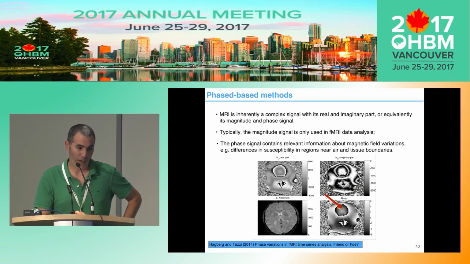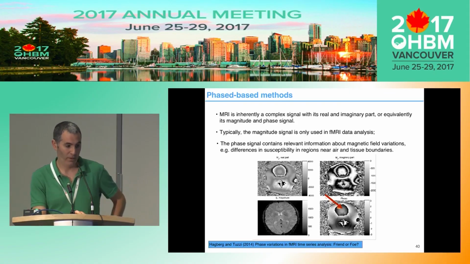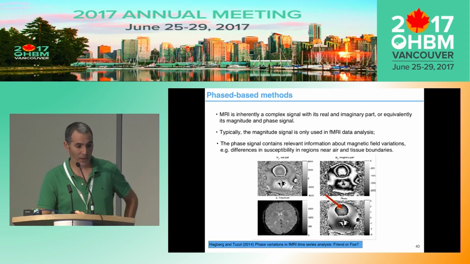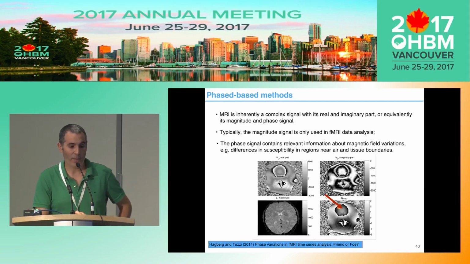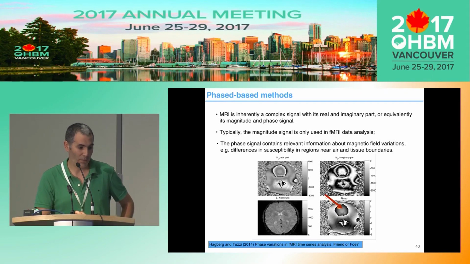Finally, the phase-based methods. MRI is inherently a complex signal, so it has a real part and an imaginary part. Typically, we only look at the magnitude of the signal, but the phase contains relevant information about magnetic field variation and differences in susceptibility in regions near air and tissue boundaries.